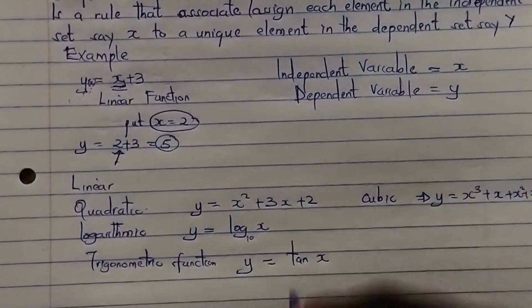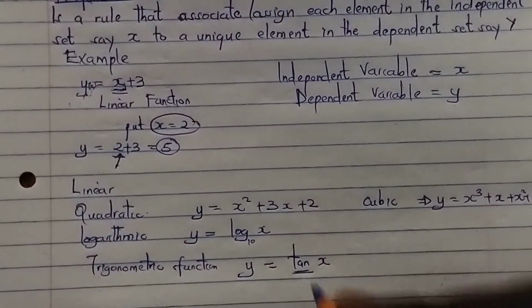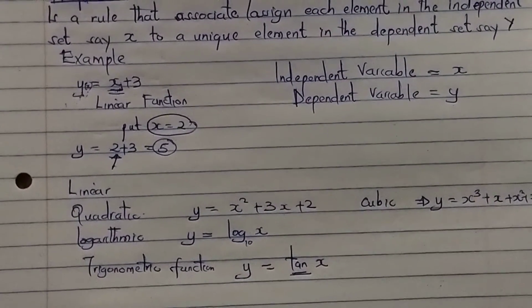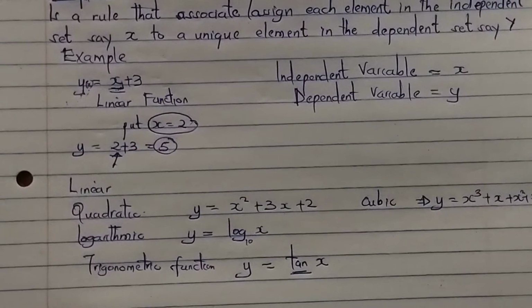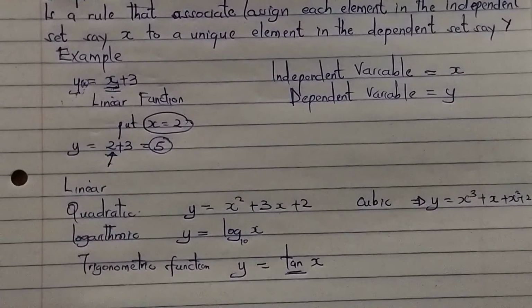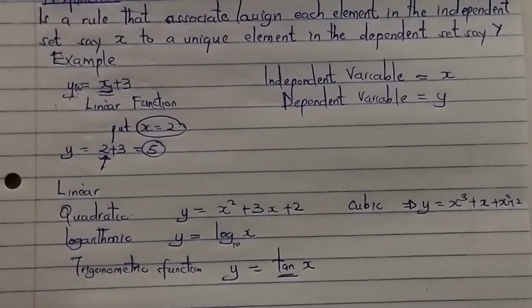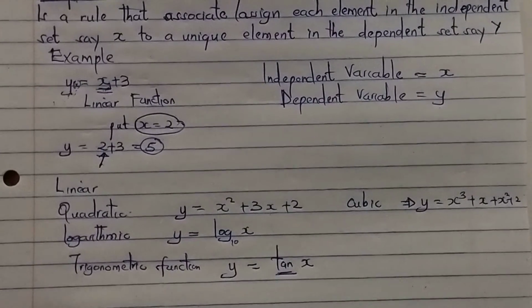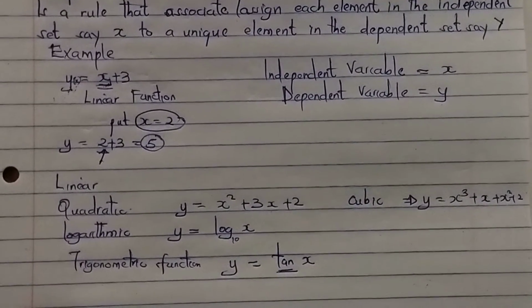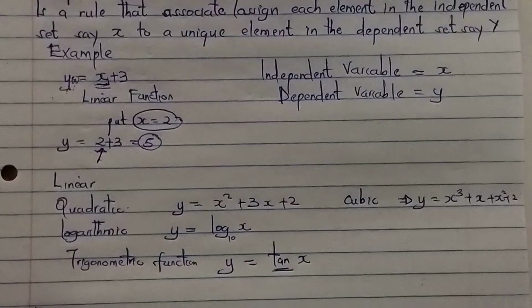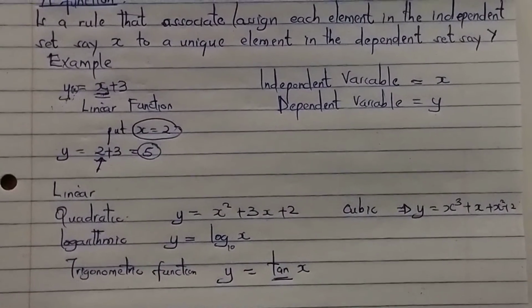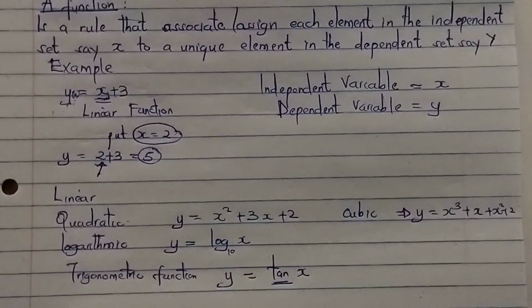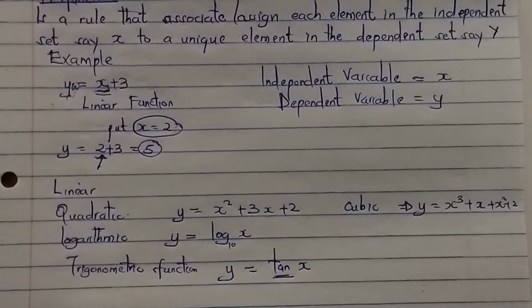Because of this tan, this becomes a trigonometric function. That is a function: any rule that is going to associate or assign a certain value in the independent set, say x, to a specific value in the dependent set.